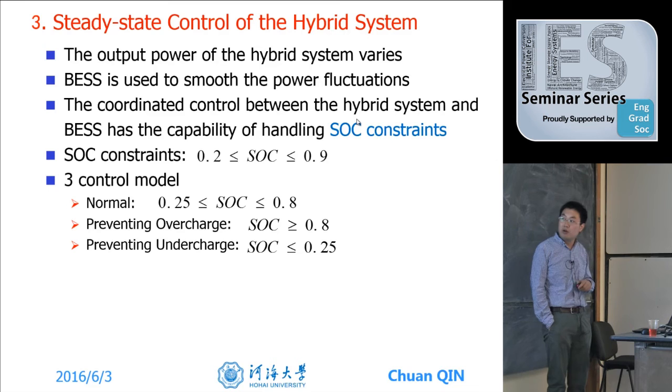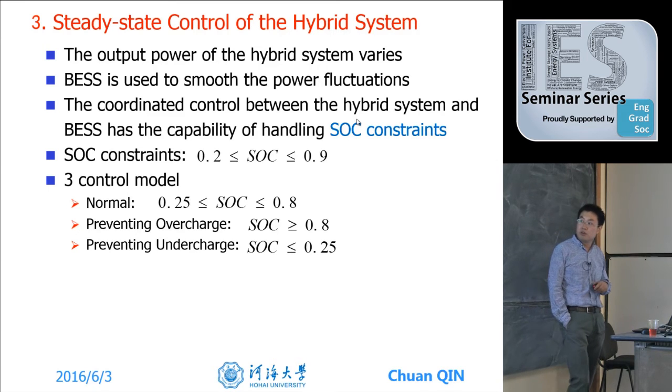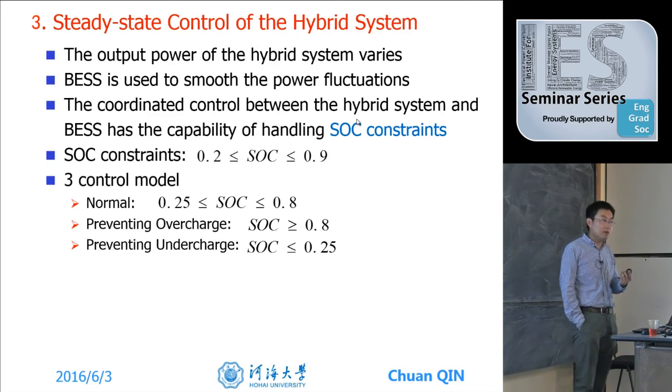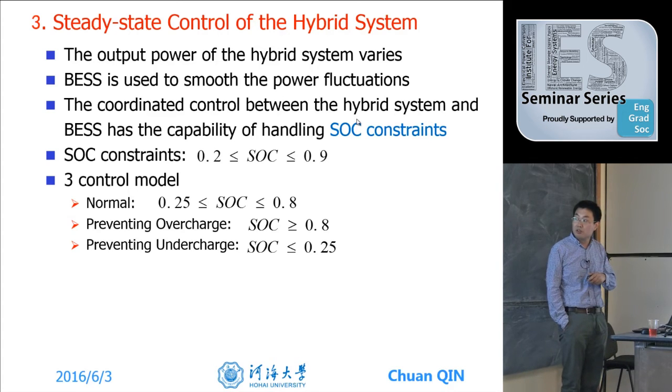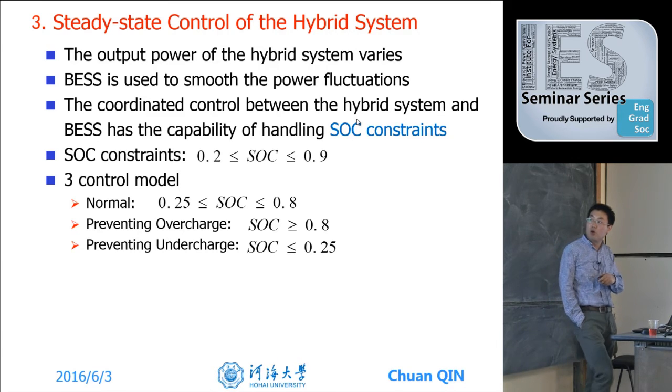First is the normal mode, then the preventing overcharge mode and the preventing undercharge mode. Maybe you will find that in the normal mode, the preventing overcharge mode and the preventing undercharge mode, the SOC limit is larger than the SOC constraints.